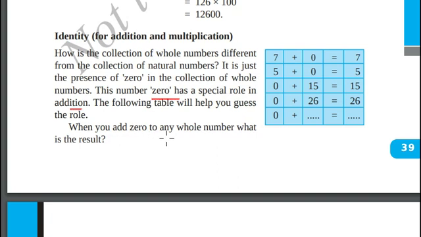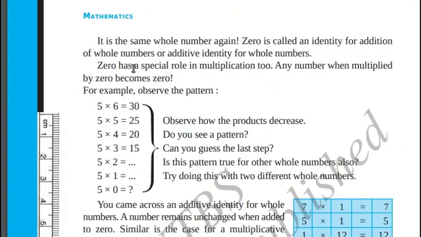When you add 0 to any whole number, the result is the whole number itself. 0 has a special role in multiplication too. Any number multiplied by 0 becomes 0. When you multiply 1245 with 0, we will get 0.